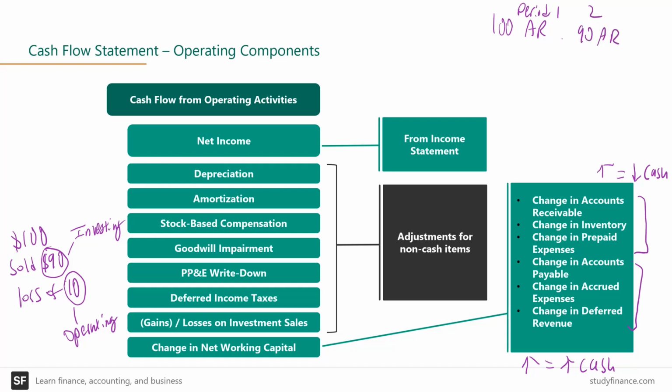This reduction in AR will mean that $10 from the receivables balance was collected as cash. And it would therefore increase the cash balance. Similarly, if accounts payable decreased from the previous period, that would mean that the company had to pay cash to settle its accounts payable balance. We'll touch on change in net working capital later, but let's first move on to the other major components of a cash flow statement.